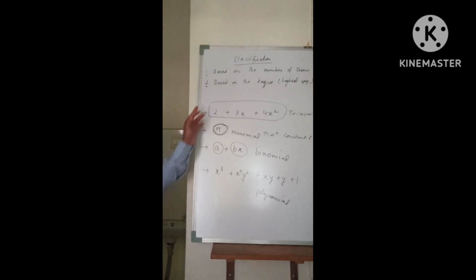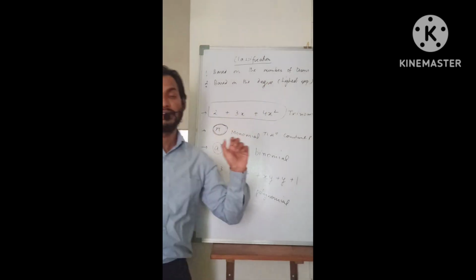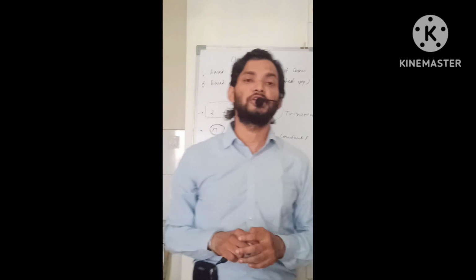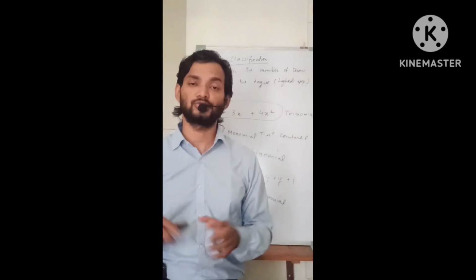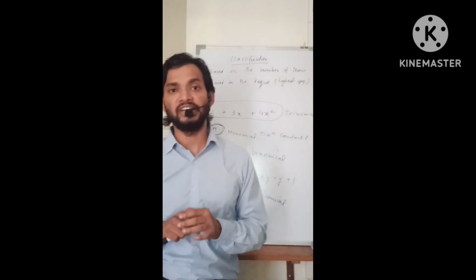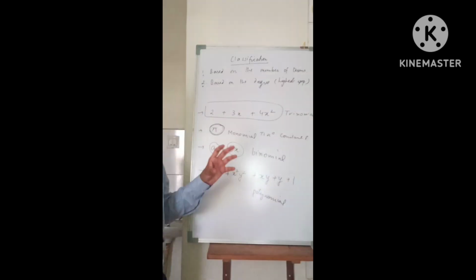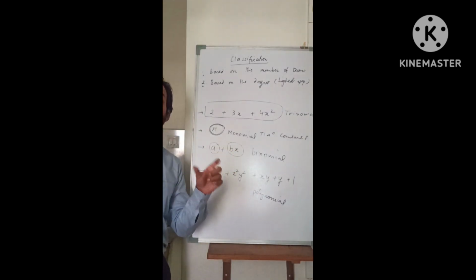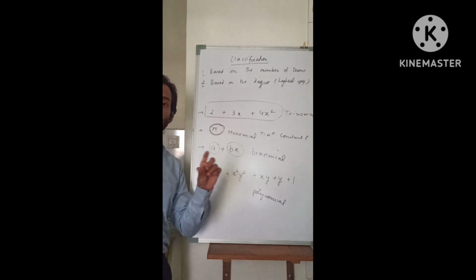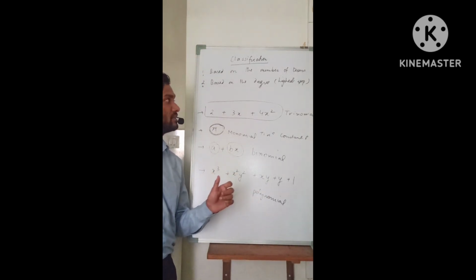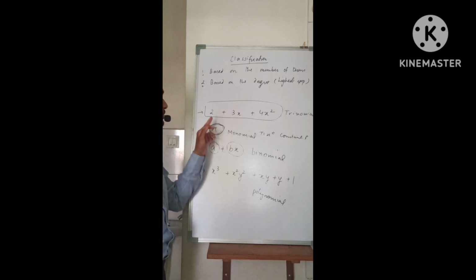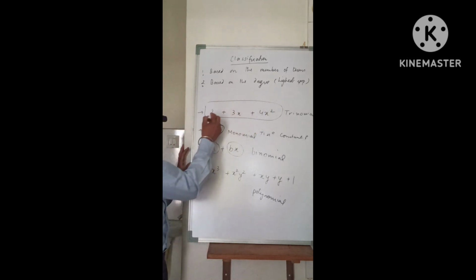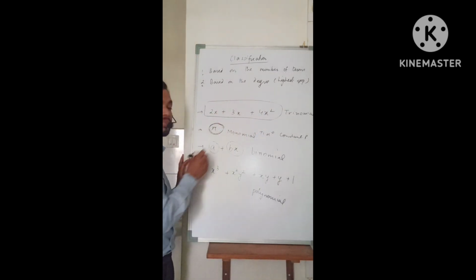The second basis is the degree. What is the degree of a polynomial? We have seen a polynomial can have so many terms. We check every term, and the total power of the variable in each term is checked. Whichever power is highest, that power is known as the degree of that polynomial. Just suppose this polynomial. Here the variable is x and the power of the variable is 0.